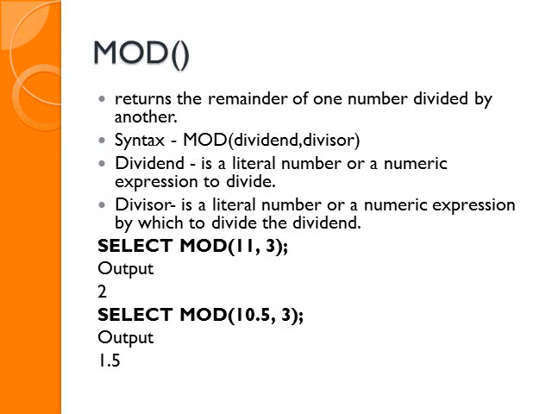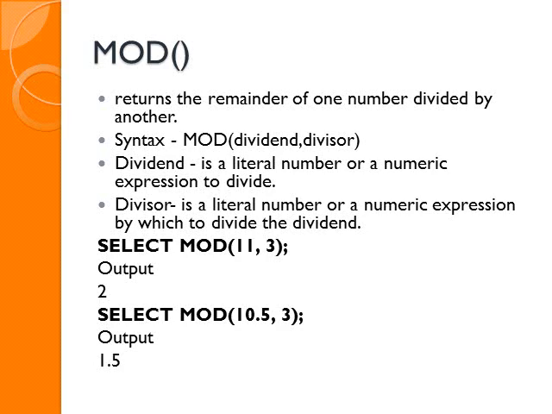Dividend is the literal number, or a numeric expression, which has to be divided. Divisor is a number or numeric expression by which the dividend has to be divided. Example, SELECT MOD(11, 3).